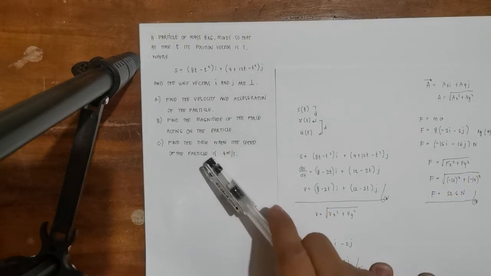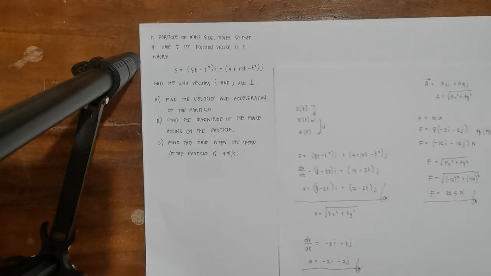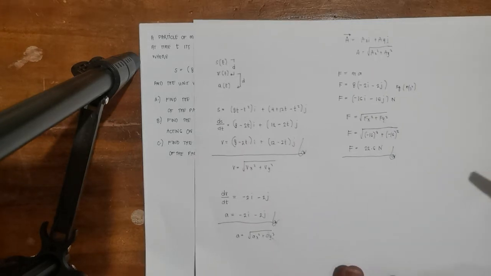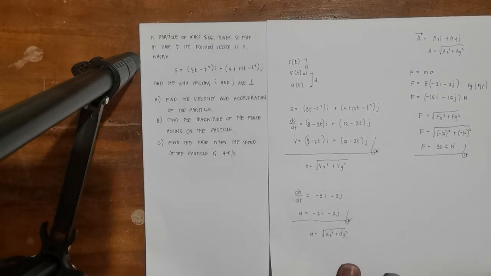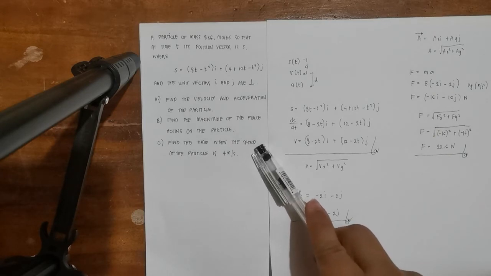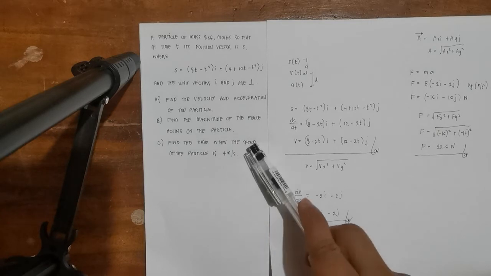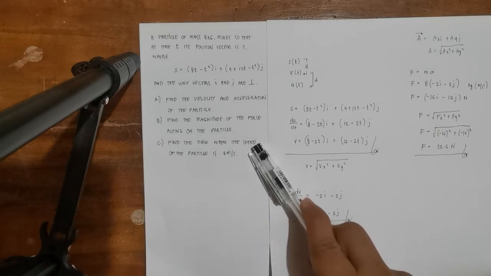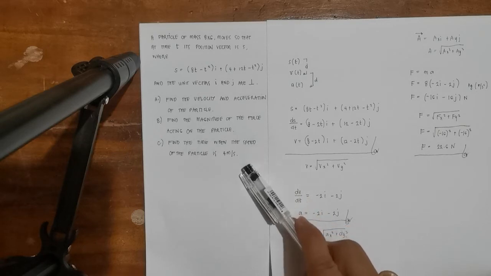Okay, letter C. Find the time when the speed of the particle is 4 meter per seconds. Okay. Ang binigay po sa ating requirement ay speed. When the speed is 4 meter per seconds. When we say speed, that is a scalar quantity. And speed, that is the magnitude of the velocity.